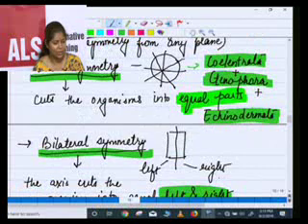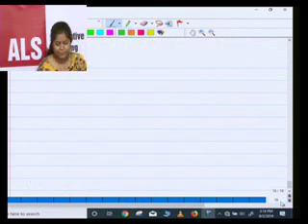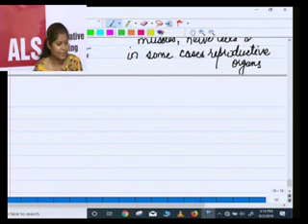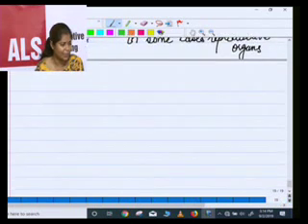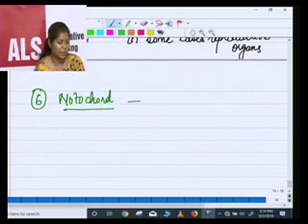Everybody? Okay. So let's move to the last slide once again and talk about the last classification system according to your NCERT. Your NCERT tells that there is a presence or absence of a particular structure called the notochord. So what is notochord?